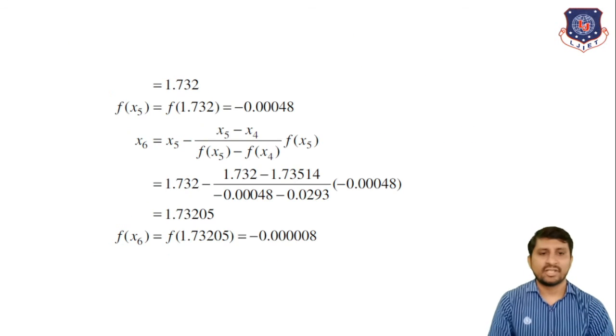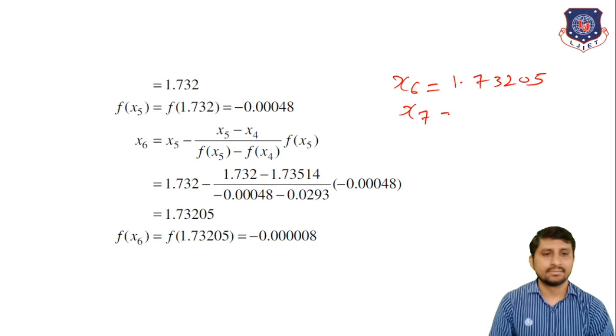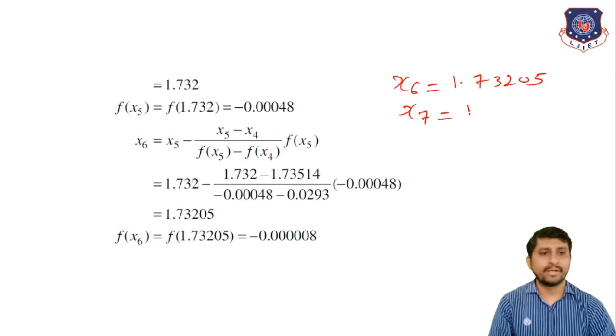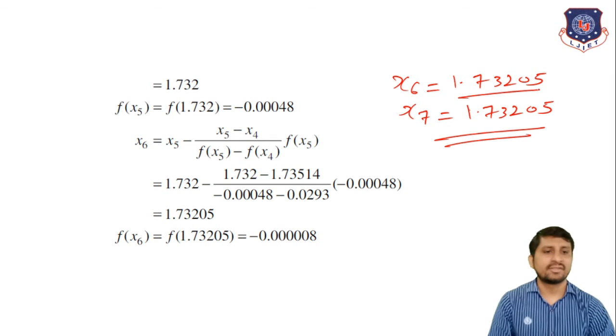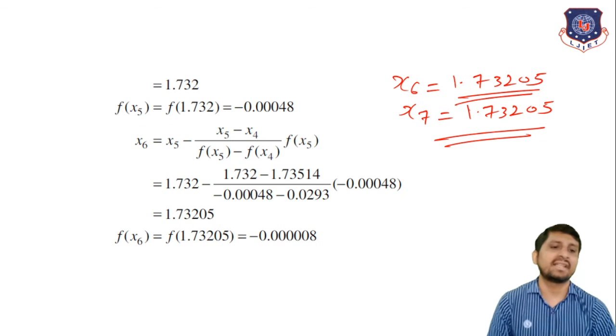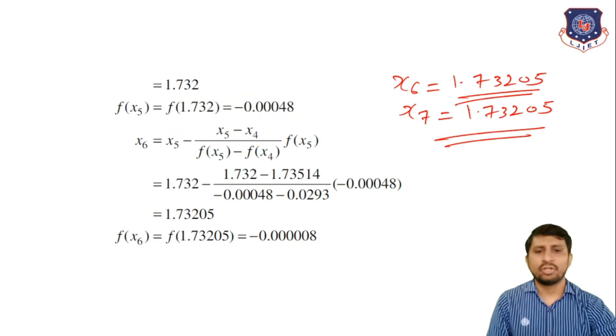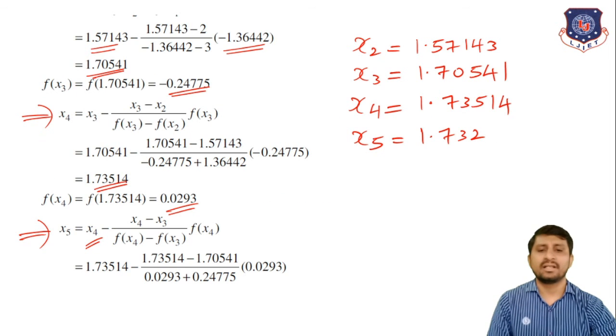What is your x6? x6 here is 1.73205, and x7 is also 1.73205. So x6 and x7 are both the same up to 5 decimal places. So the final answer is 1.73205.